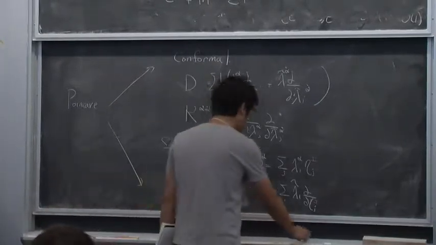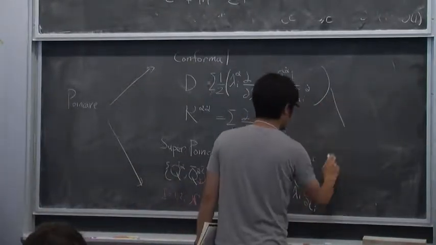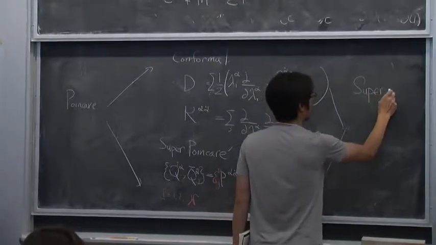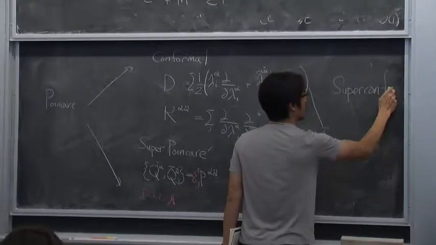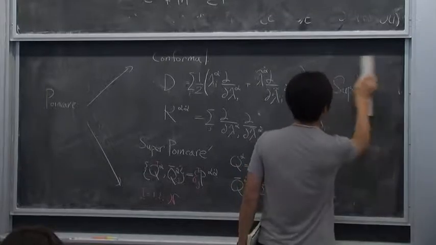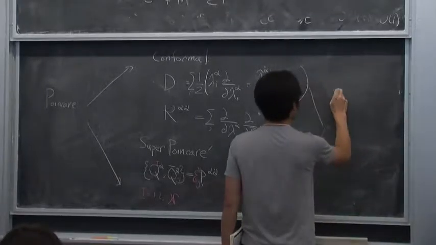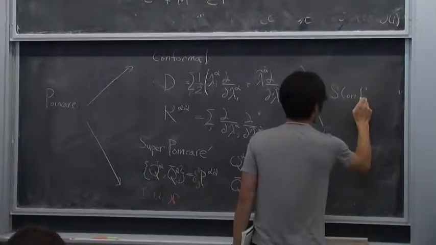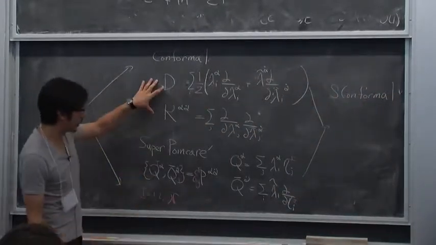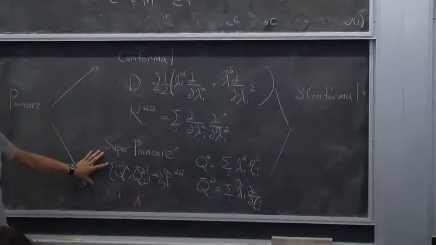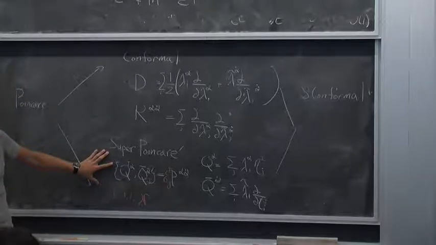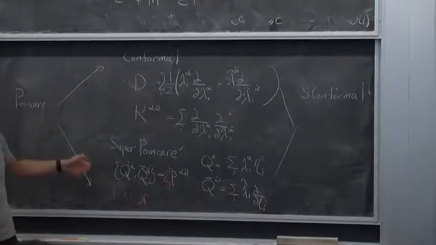Now, of course, finally, you know what I can do. I can combine these two, and then get what is called superconformal symmetry. So for superconformal, we already have the conformal group, and we already have the super Poincare symmetry. Then for superconformal, you can work out what the remaining generators are just by doing the commutation of these algebras here.